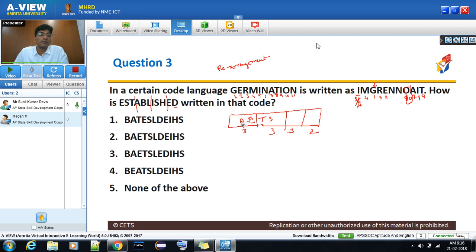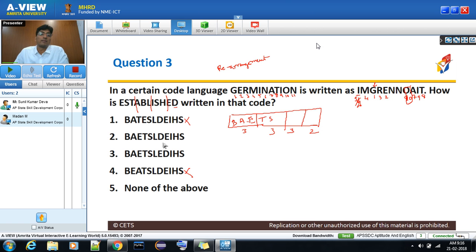So let us say the fifth letter, which is a B, comes here. B-A-E-T-S. So by this time we know that the first option is wrong. We know that the fourth option is wrong because we have completed the first 5 letters.